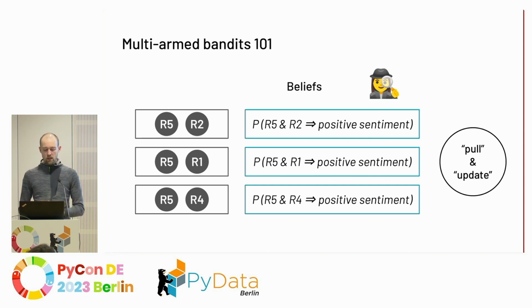And we can refine or update our beliefs by pulling these arms. That just means run the evaluation I just showed you. And then over time, we will be able to update our beliefs and get closer and closer to the true probability. And that's what we use to rank and understand which of these candidates we generated are actually relevant.